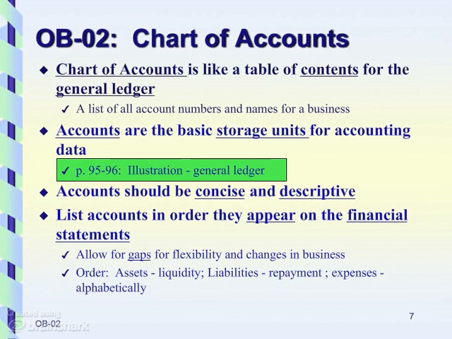With regard to the title of the accounts, account titles should be descriptive of that type of account so that it's easily recognizable by those within the business and those examining the business's financial information for investing or borrowing purposes.